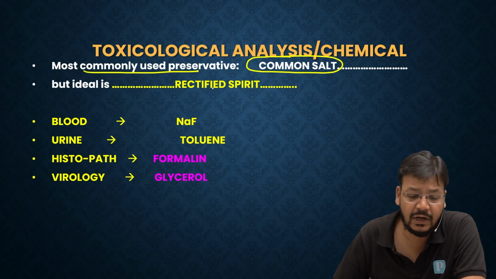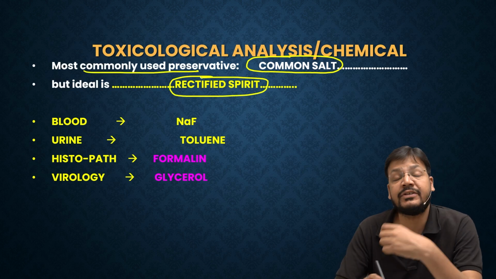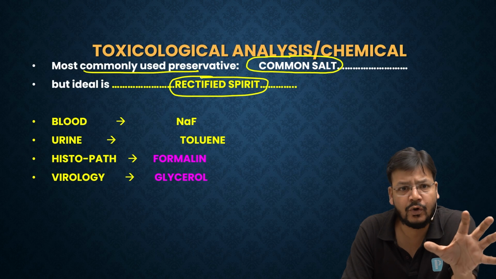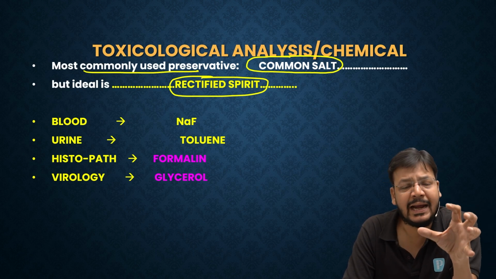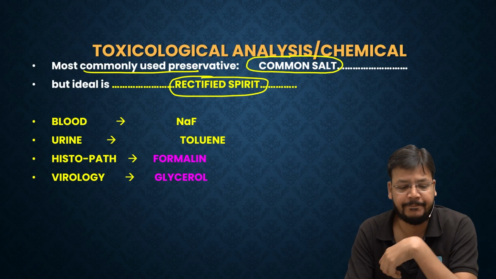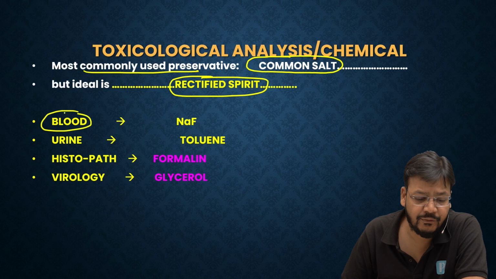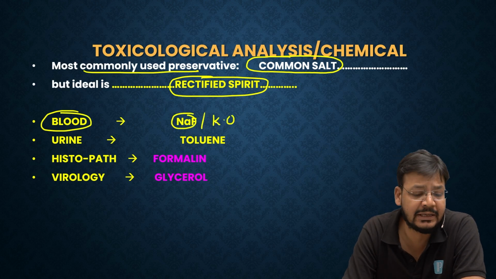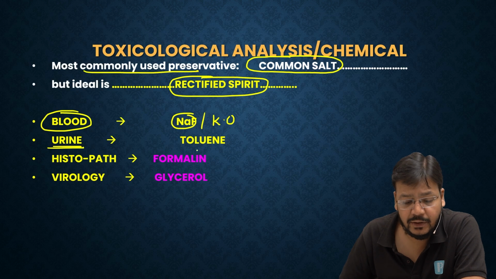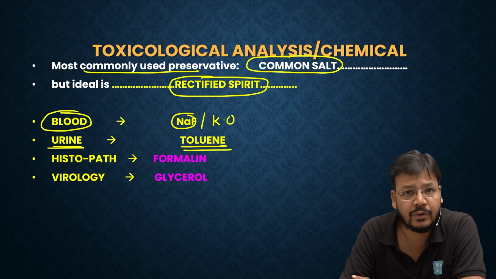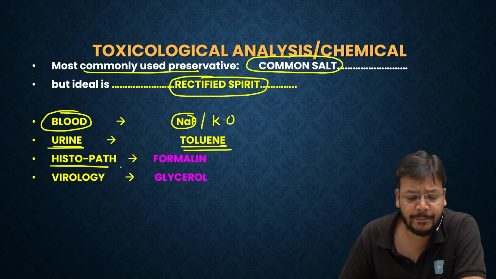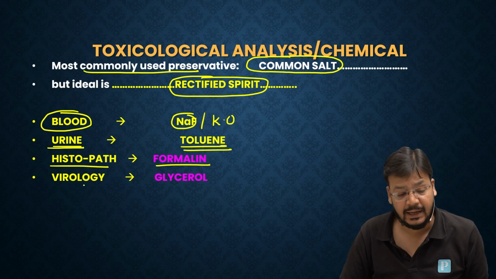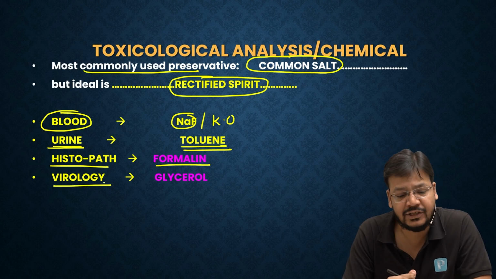Sir, for toxicological and chemical analysis, the most commonly used preservative is common salt, but the ideal preservative is rectified spirit. Now, other preservatives: for blood we use sodium fluoride and potassium oxalate, for urine toluene. Histopathological we use formalin, and virology we use glycerine.